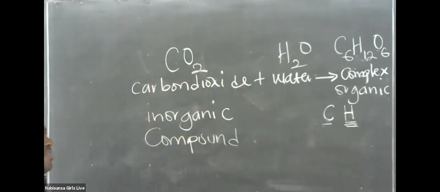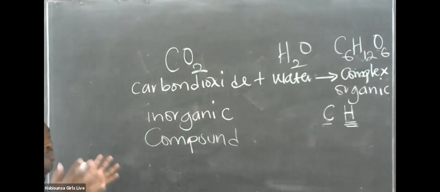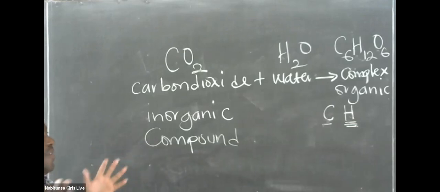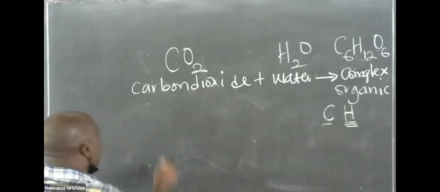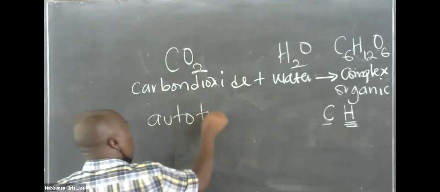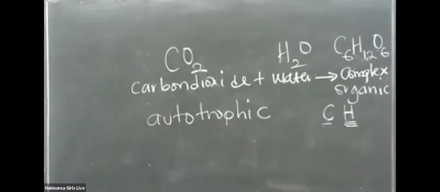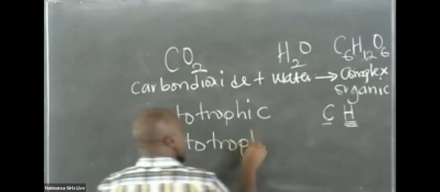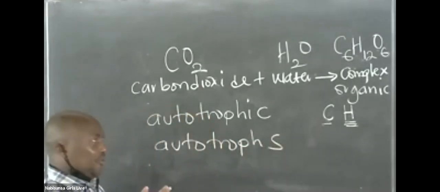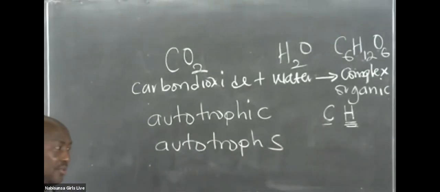So those organisms that can utilize the simple inorganic compounds in the environment to make complex organic compounds, we shall say they are autotrophic. Sometimes someone can use the word autotrophs, referring to the organisms. If I say autotrophic, I'm referring to the type of nutrition.